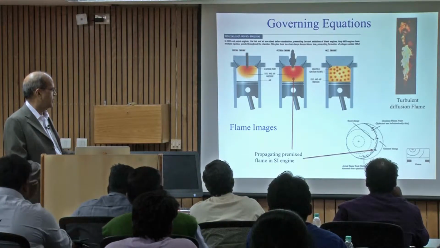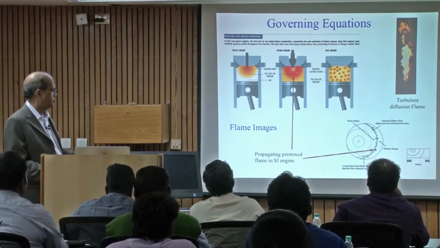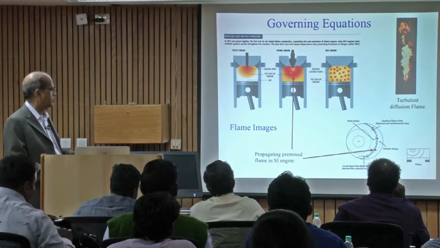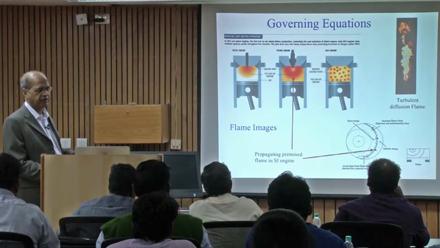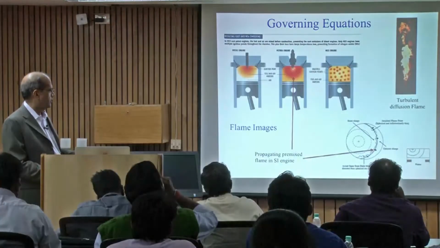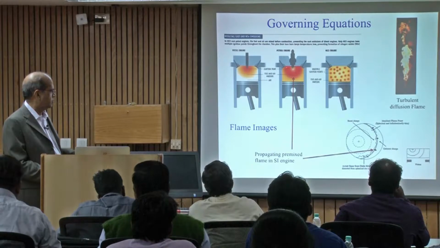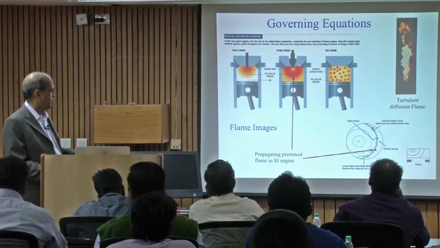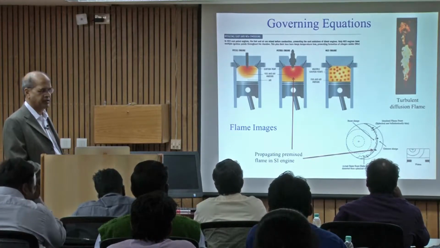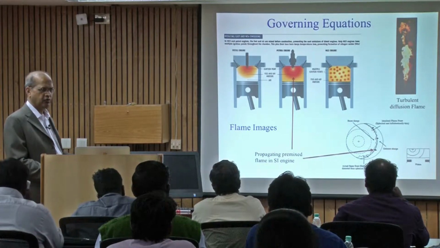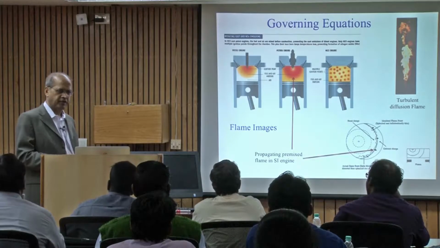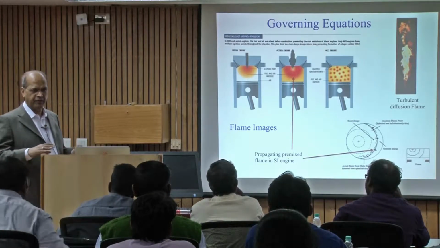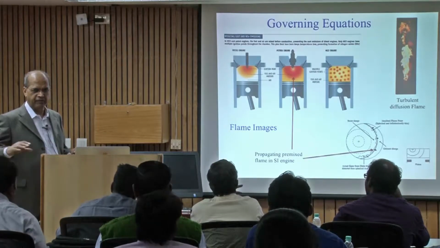Okay, and then at a certain position of the piston, or you call that crank angle, you ignite with a spark. And then ignition occurs here near the spark, and a flame then propagates into the mixture. So the mixture is not exactly moving a lot. The mixture is kind of stationary. A flame is propagating into a reacting mixture.